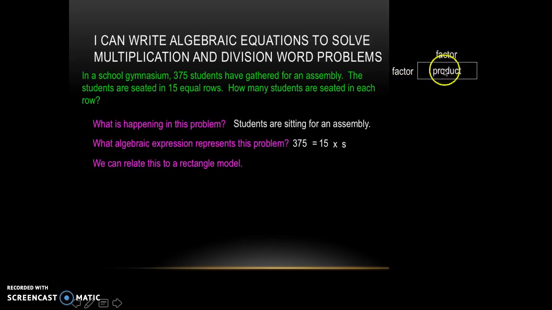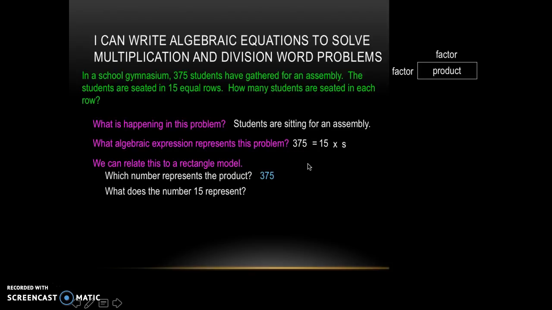Length times width equals area. So which number represents the product? Well, it's going to be 375. That's our grand total. What does the number 15 represent? You are correct if you thought a factor.